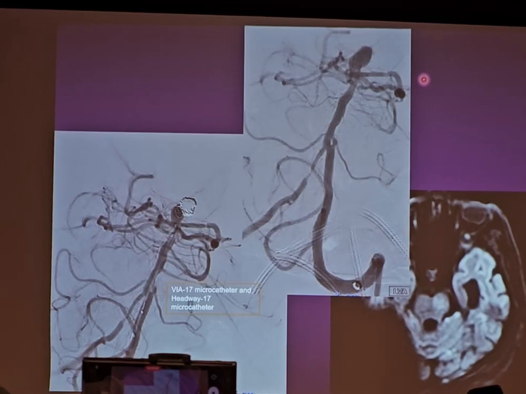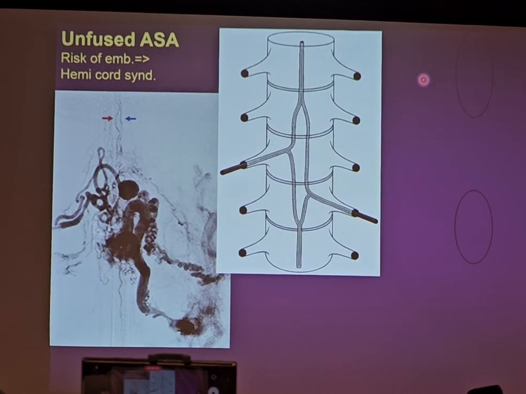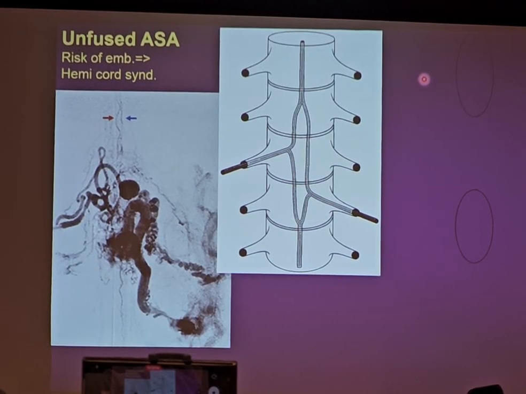So take a look and try to use something that is not too big a system. For example, this one, they put the 6 French up a little bit high.